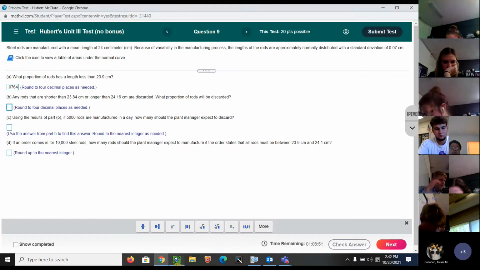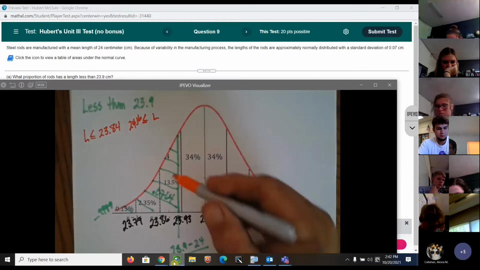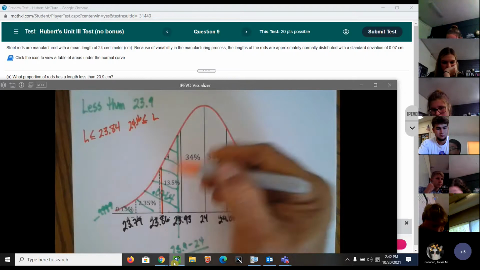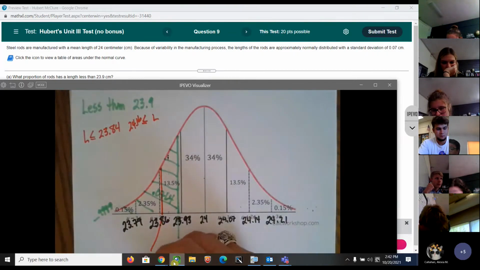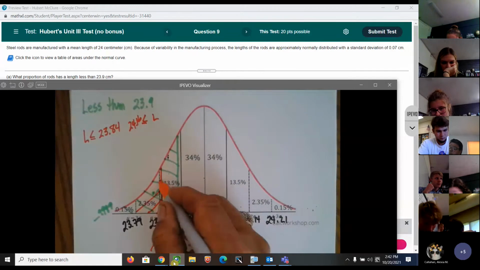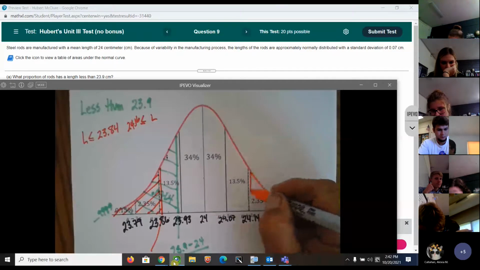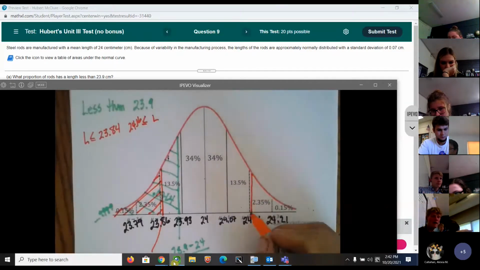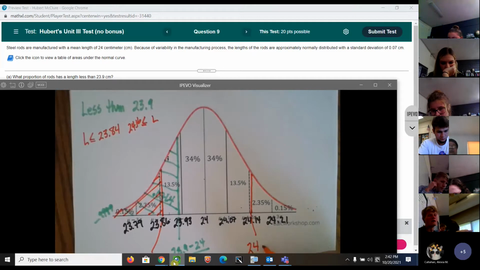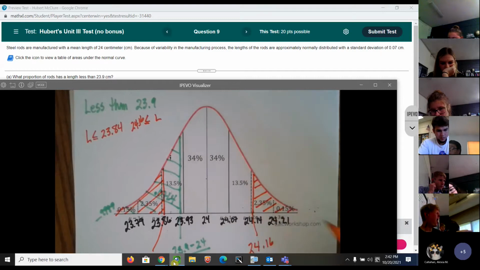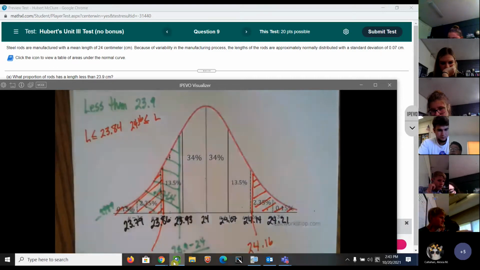So 23.84 is going to be right here. And 24.16, which is symmetrical. And that's going to be this area right here. So you're going to add these two together or multiply by 2 since they're symmetrical. So we'll just find this one and multiply it by 2.